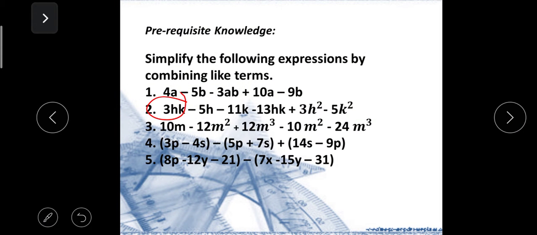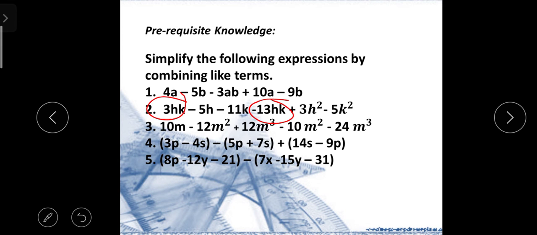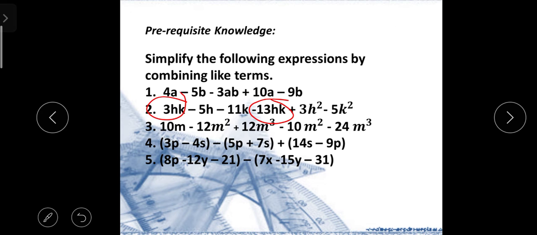Okay, we have 3hk and then negative 13hk. So, isang positive, isang negative. Ilan yon? Isang positive 3 at isang negative 13.